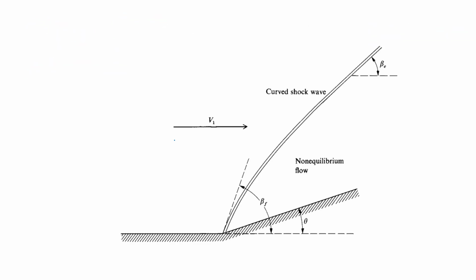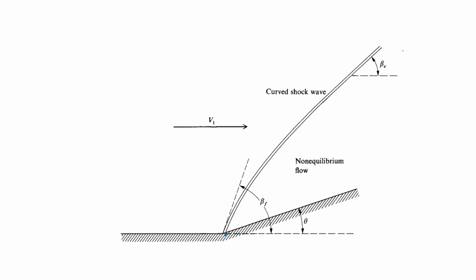Now similarly, if we take a similar analogy, a curved shock will be formed on a straight wedge due to the non-equilibrium flow. Here you can see that as the shock angle is decreasing, the velocity will increase as we move away from the starting point of the wedge.